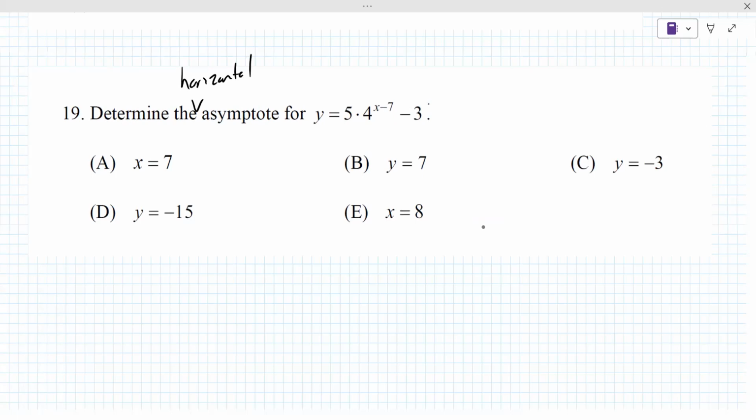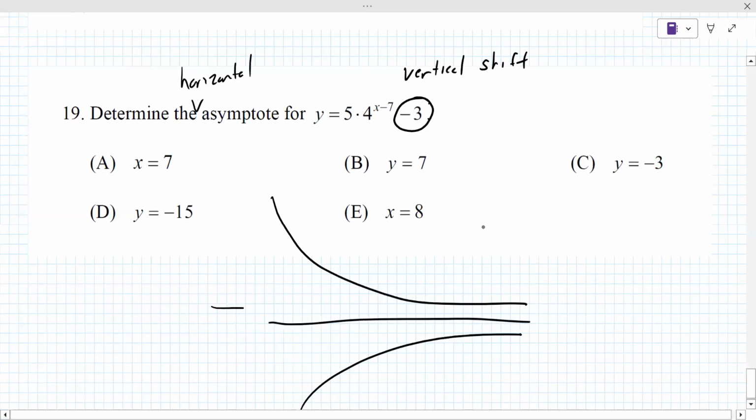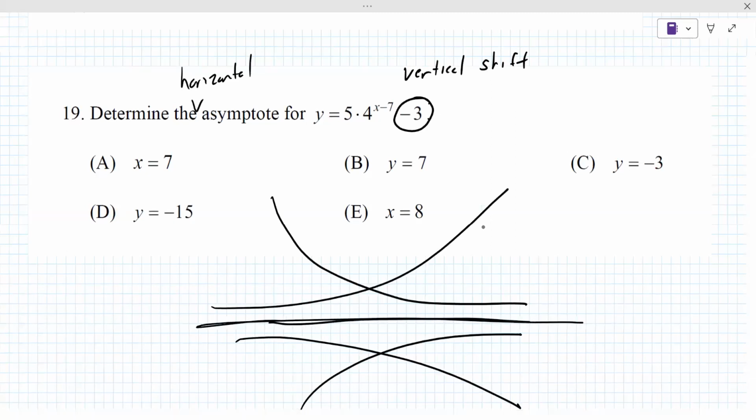It is always the vertical shift, because the graph either approaches that value from one direction or the other, but it's always going to approach that line. The -3, that's something you've got to remember. If you graph it, you'll see it, but it could take a while.